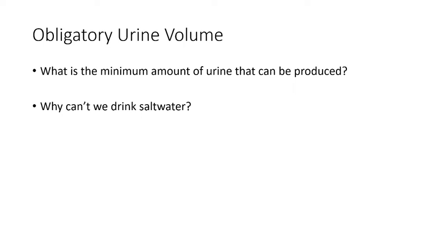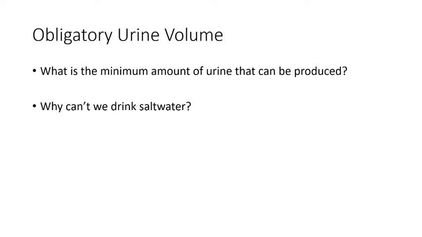From that you can follow why we can't drink salt water. Salt water has sodium within it, and the osmolality of seawater is 1200 milliosmoles per litre, quite a lot more than normal saline. You would think, because the maximum concentrating ability of urine is 1200 milliosmoles per litre, that if you drank a litre of seawater, you would lose a litre of water, and everything would at least be in balance.